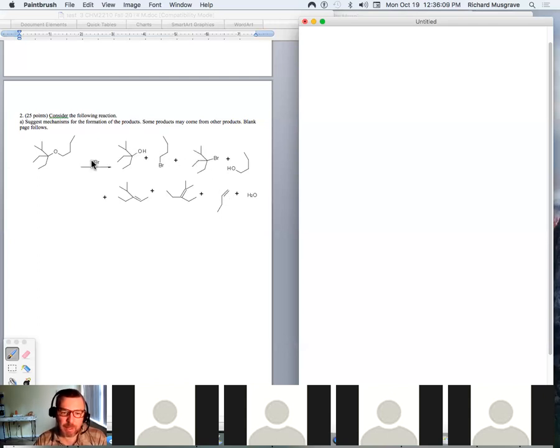Well, let's talk about how we get the first 4 products, the top row. And as I said, that is a direct result of ether cleavage. So let's take a look at it. You don't have to draw it exactly as I've drawn it there, and I've drawn it just a little bit differently.